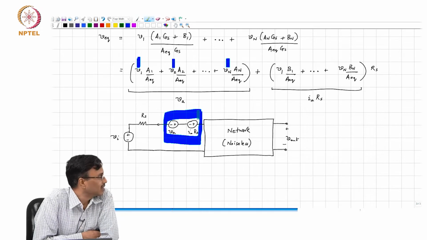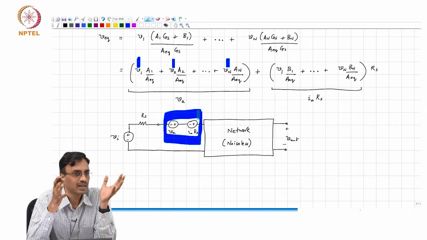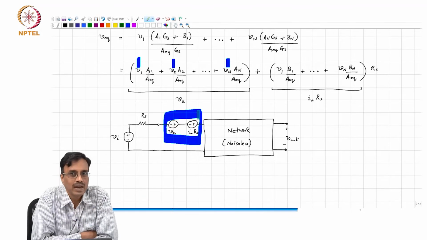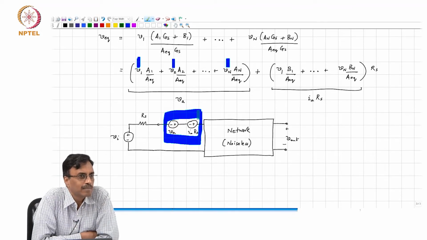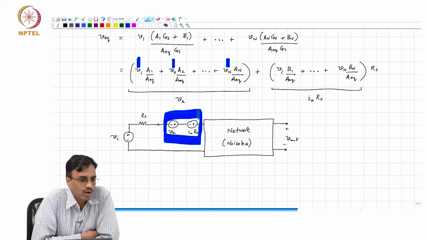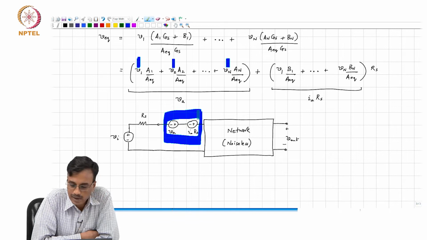Well, we'd ideally like that input referred noise source to be a property of the network, but the way it appears here is that it obviously depends on RS, and we also saw why that makes sense. But we are now stuck with an input referred noise spectral density, or whatever voltage, which depends not only on the network through VA and IA.